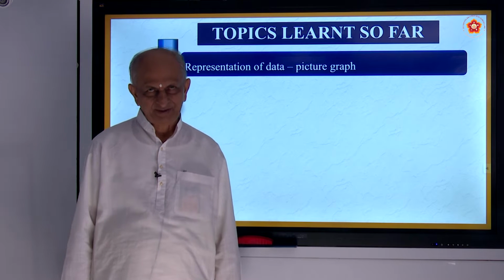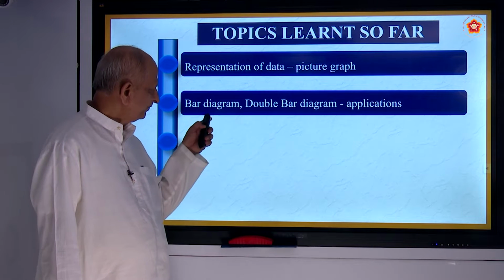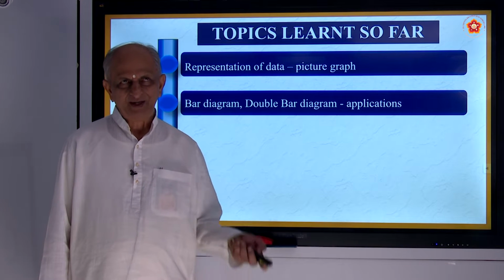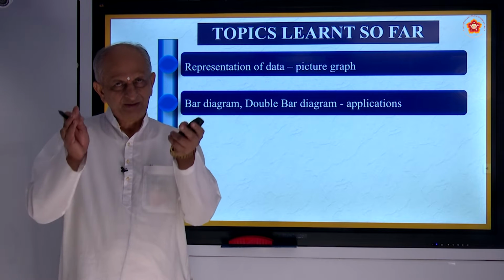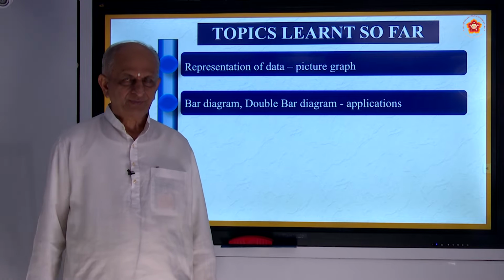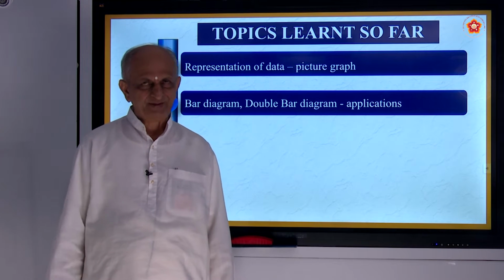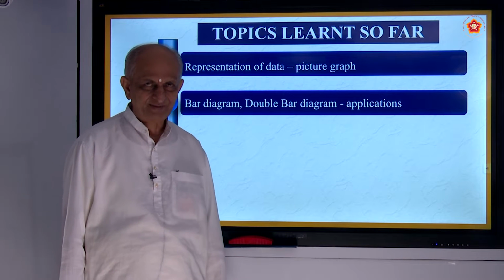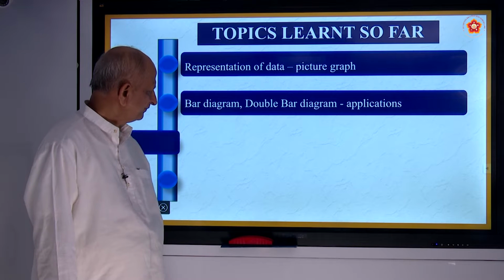Representation can be done by pictures or with the help of bar diagrams, double bar diagrams, etc. These bar diagrams go a long way in representing the stock market, the shares, the results of the school, the marks obtained in different subjects, the rainfall in centimeters or millimeters. So in many fields it is being used, correct?